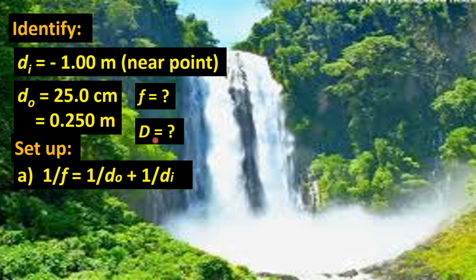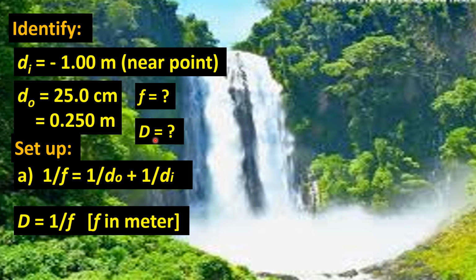All right. So when we substitute later, we are expecting that the unit for the focal length, of course, will be meter. Now, for the power of the lens, capital D, it's just equal to the reciprocal of the focal length when the focal length is expressed in meters.